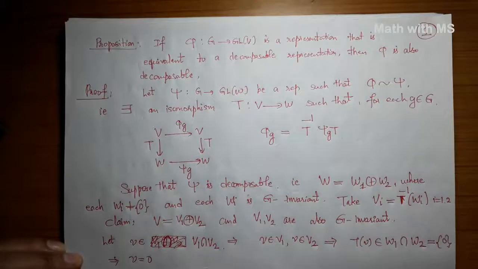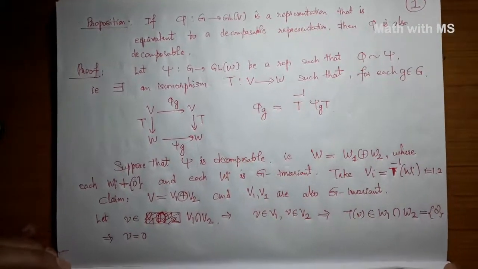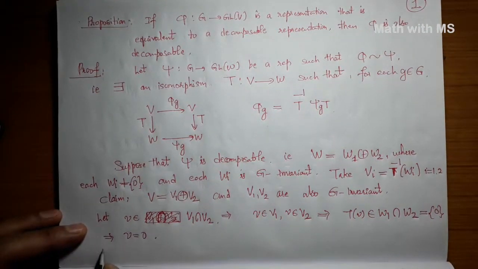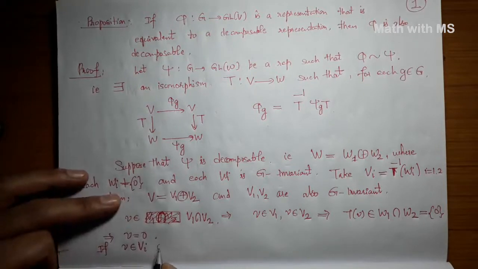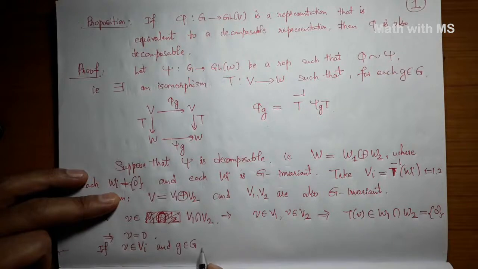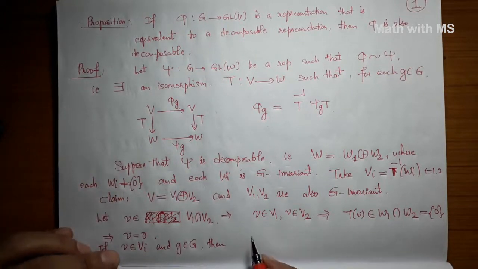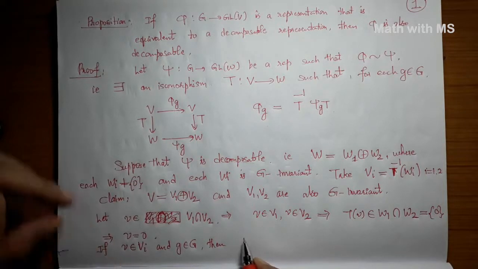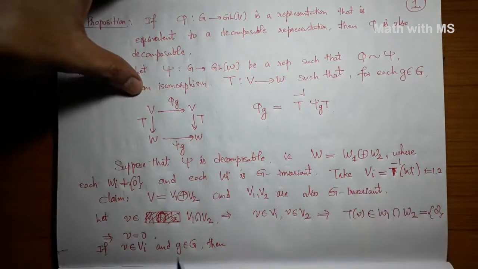So how to really write it down? Next, let us say v belongs to Vi and g belongs to G. Then we know that Wi is G invariant.